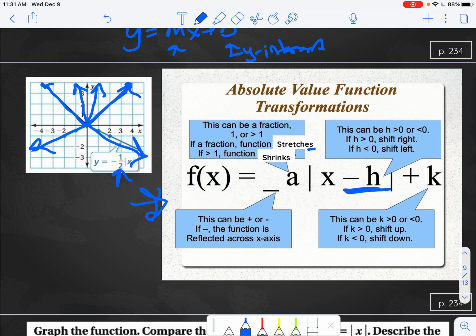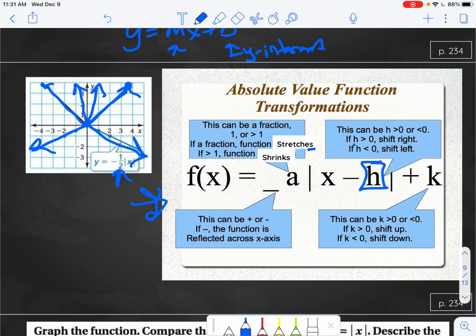Now, if we look at this, they call it H, but really it's whatever the value is inside of the absolute value symbol. It can be greater than 0 or less than 0, so it can be any whole number. If it is greater than 0, and we kind of ignore the negative sign when we do this, the negative sign is kind of there by default, so just this H, just this value.